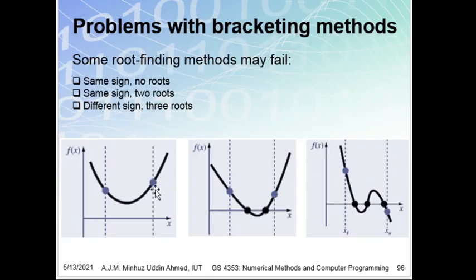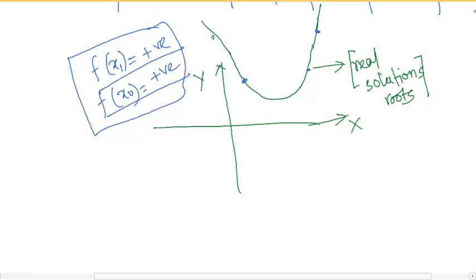So now if we move back to the slide, the second one says same sign, two roots. This is another hazard. If you see here in the second figure, you have the same signs, but in between these two you have two roots. So one might ask, why are we not getting the values where the sign changes?